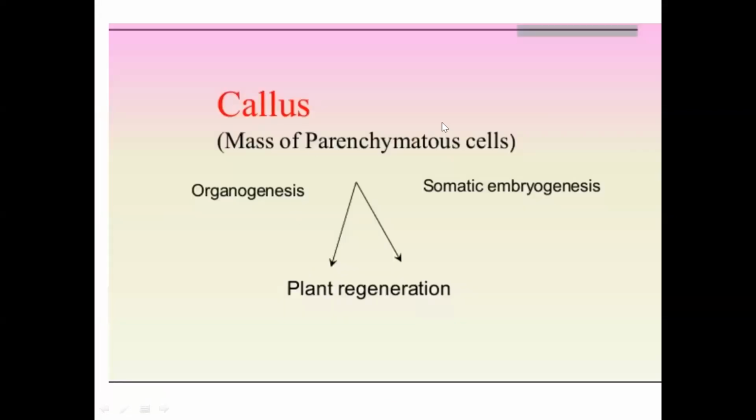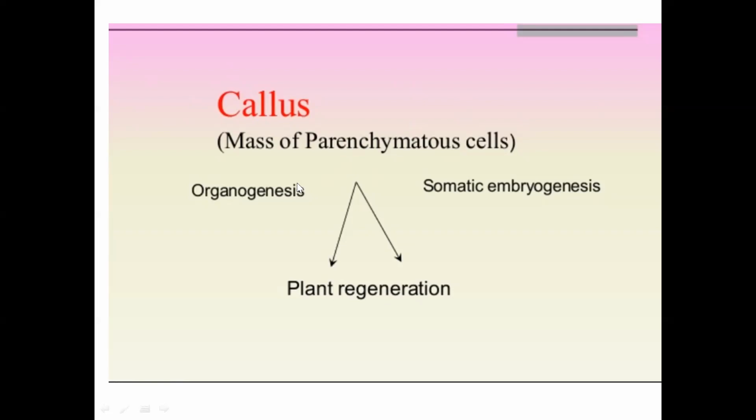So callus, to summarize, is just a mass of parenchymatous cells. The explant can be anything. It can be a node, an internode, a leaf, a flower, any part of the plant. But it forms callus. That means it gets de-differentiated and forms a mass of parenchymatous cells with meristematic activity.